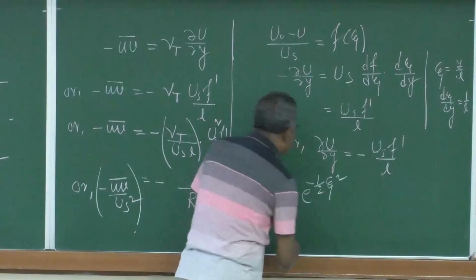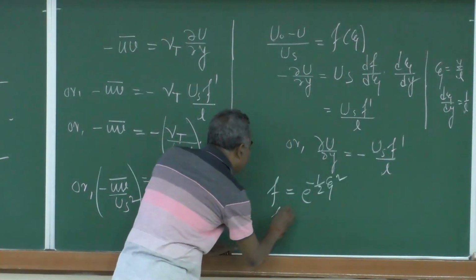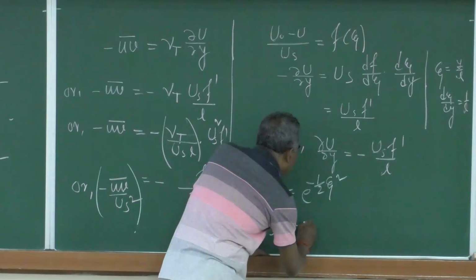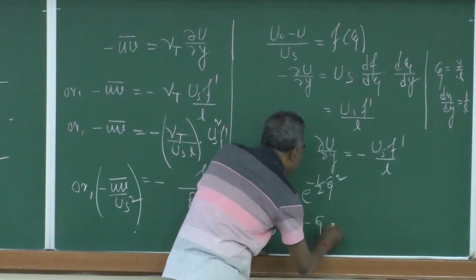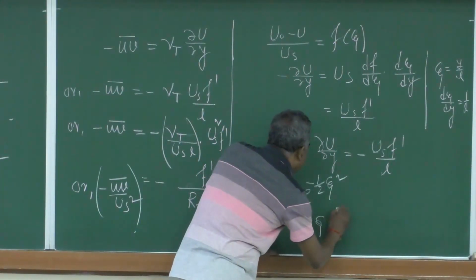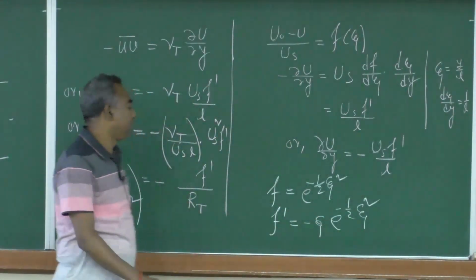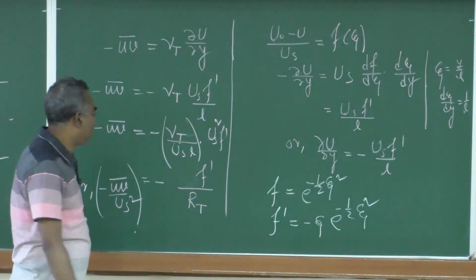If this is so, then f prime is going to be minus xi exponential of minus half xi square. This is your f prime.